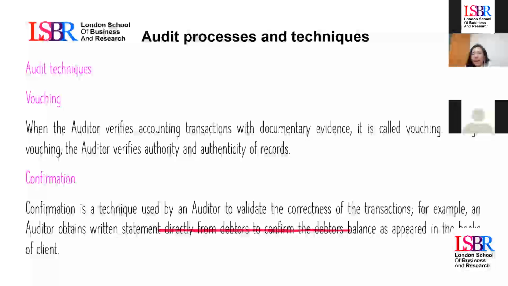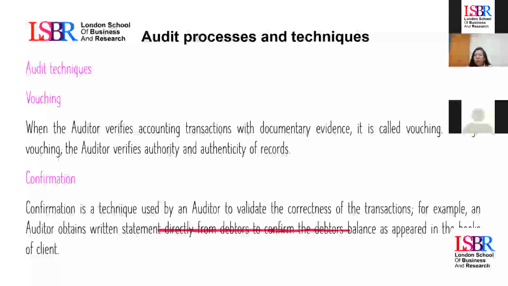Normally the banks reply to this letter, and this is the evidence with which the auditor can verify that the amount the bank has confirmed is the same that the company has registered in the bookkeeping or in the financial statement. So this is another technique to collect evidence, this kind of confirmation letter.